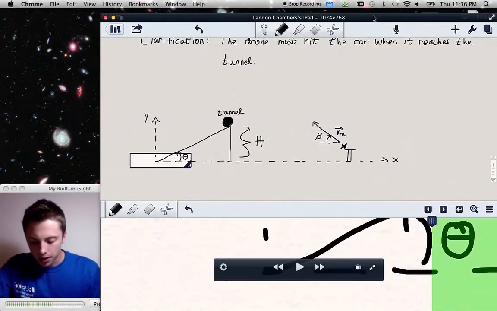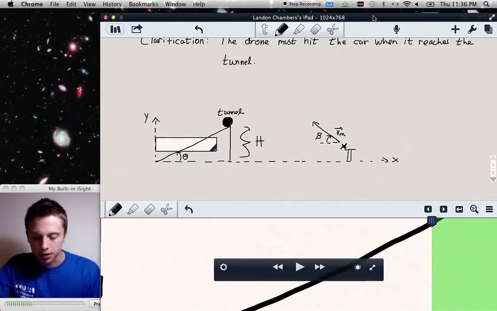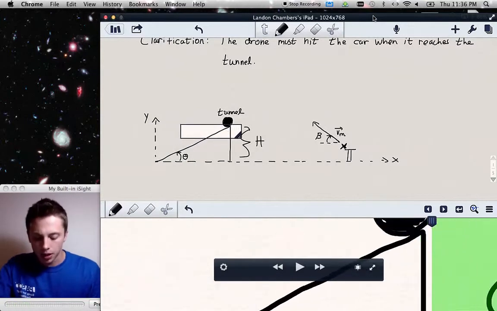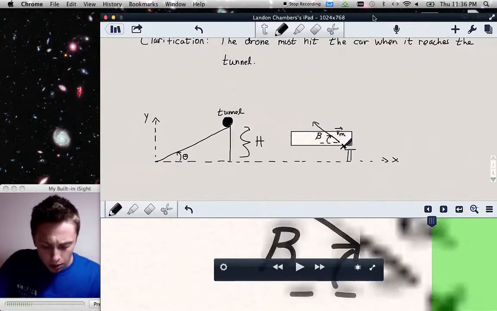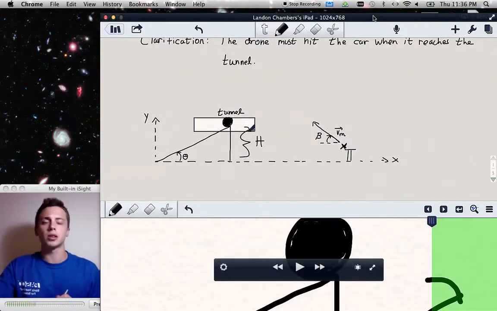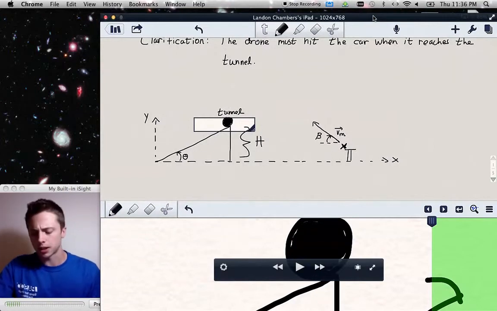As these two objects are traveling, at the same time the car reaches the tunnel entrance, which is a height h above where it started, we want the drone to also hit the car and destroy it because it's full of terrorists or something like that.